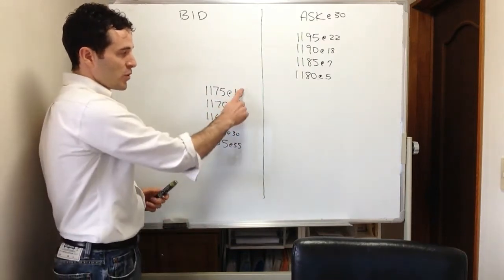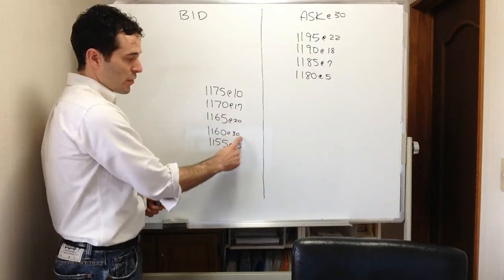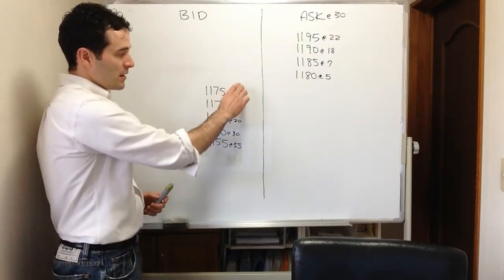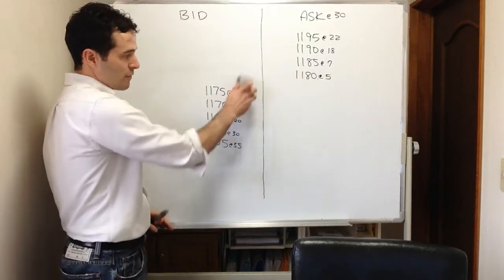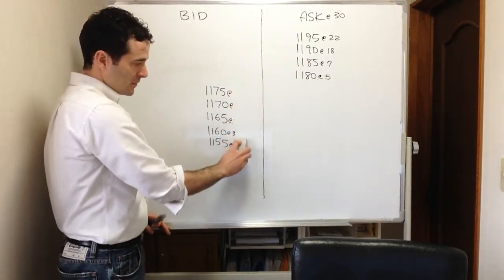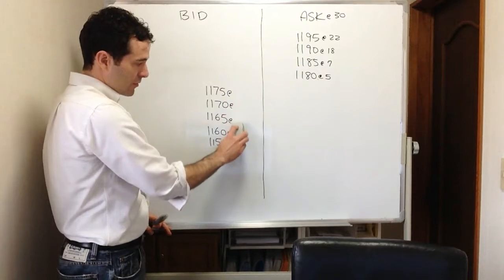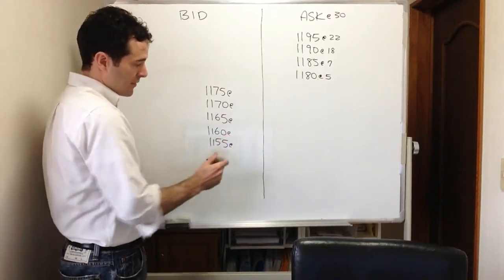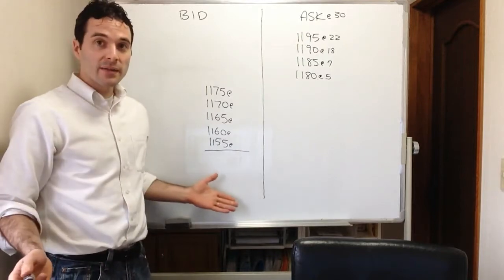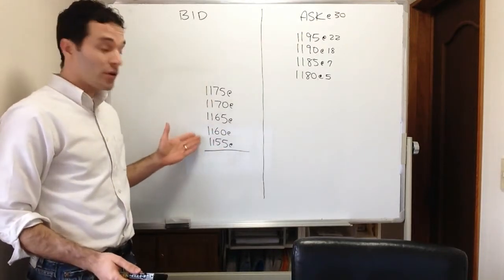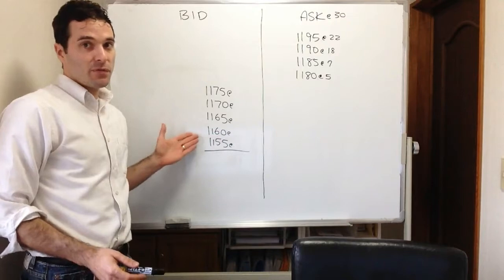If somebody comes in with 10, 17, 20, 30, 35, and they took these bid prices and just immediately sold, then the price would immediately move down to 11.55, and that would be that. The new price for the gold would be at 11.55.